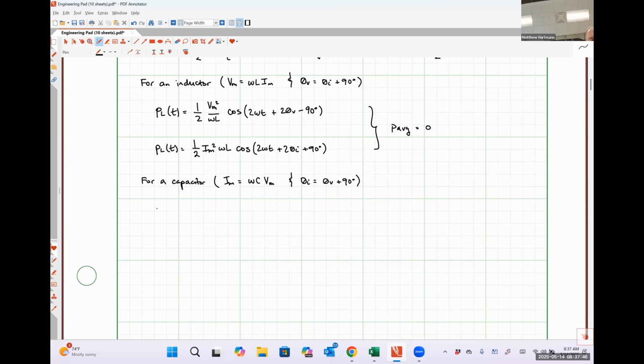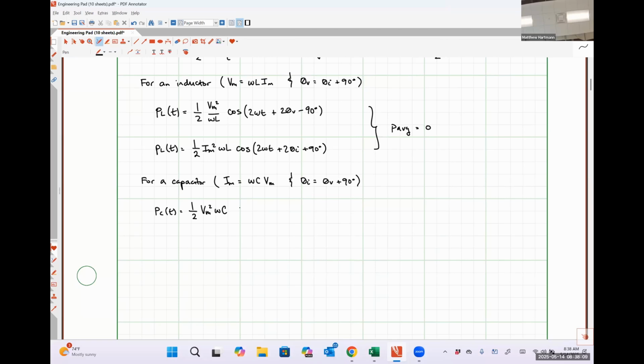So how this works out is we'll have PC of t is going to be 1/2 Vm squared times omega C times the cosine of negative 90 degrees.